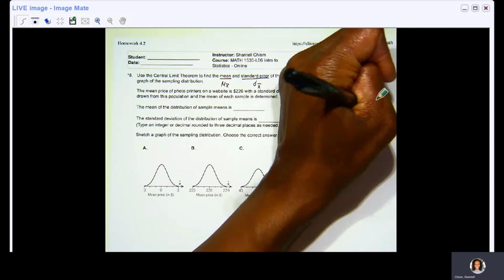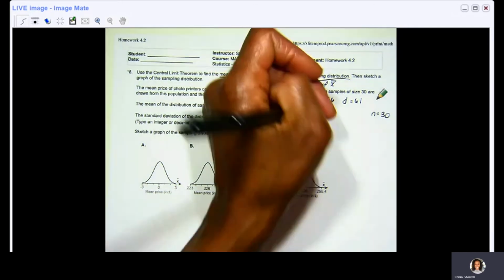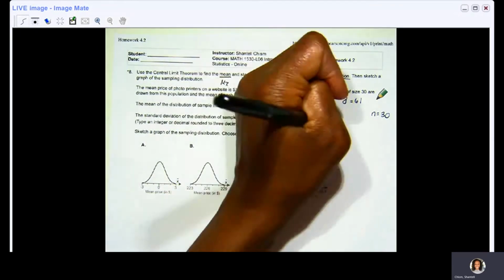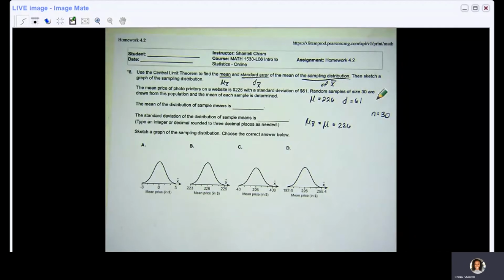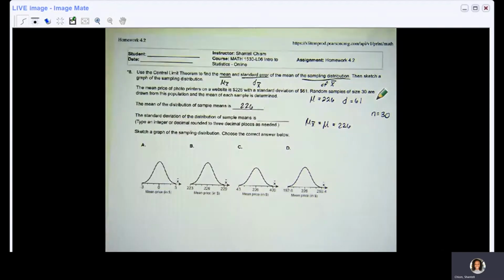So we've got n equals 30. Our sample size is big enough that the central limit theorem states that when n is at least 30, we can assume normality. We can approximate normal, which means the mean mu sub x will equal the original population mean. So the mean of the distribution of sample means would also be 226.